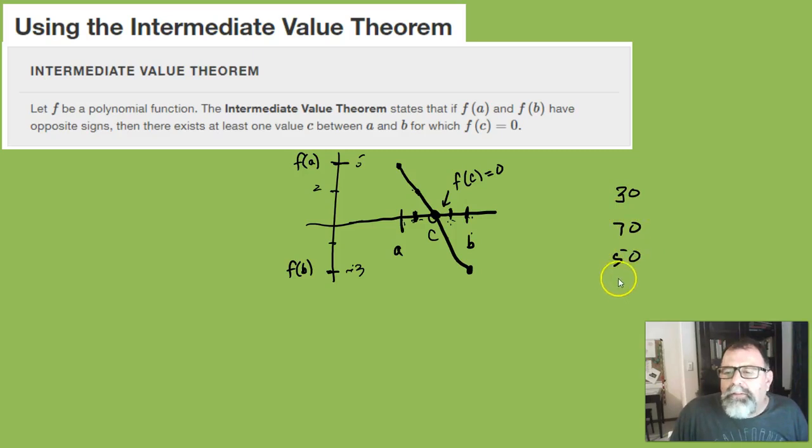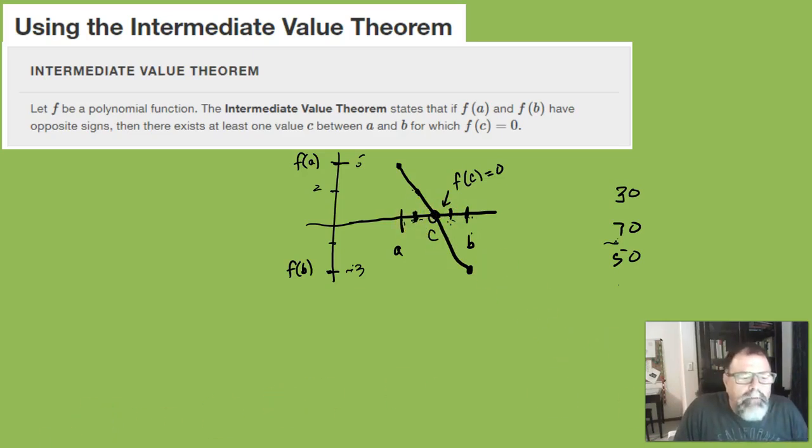And if the number I picked in my head was 66, then you would say 60, and I would say higher, then it's between 60 and 70, then you'd say 65, and I'd say higher, then you'd say 66, and yep, that's it. So it's kind of that idea. If you find one that's above, one that's below, then you know for sure the zero is somewhere in between those two guesses. So then you're going to guess a number in between there and see what it is.